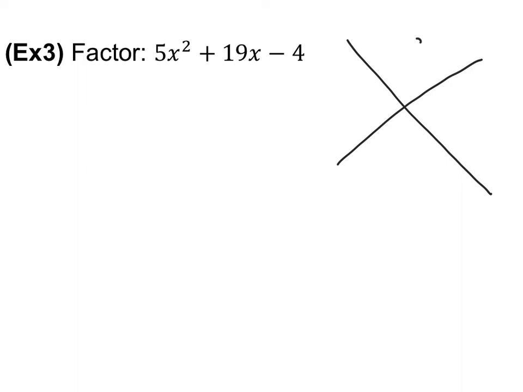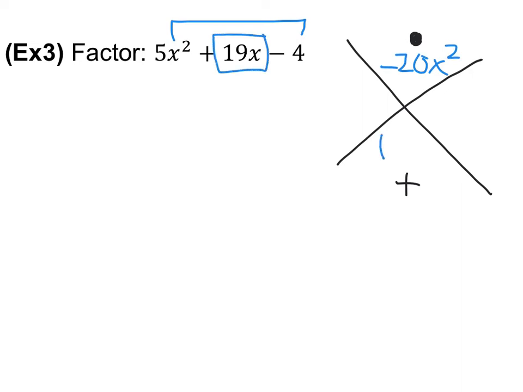I'm going to put my big crisscross. I'm going to have a multiplication sign on the top part, and I'll put a plus sign on the bottom part. I am now going to multiply the first term and the last term, or in other words, I'm multiplying the ax squared times the c. So I have a negative 20x squared, and then the middle term, I'm going to put a rectangle around it, and that goes in the bottom.